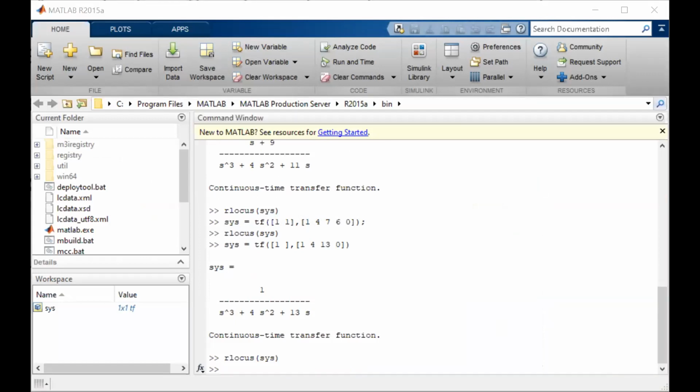See, we have 3 poles and 3 root locus branches. If I mark a straight line here, we see there is an angle. This small angle represents 35.